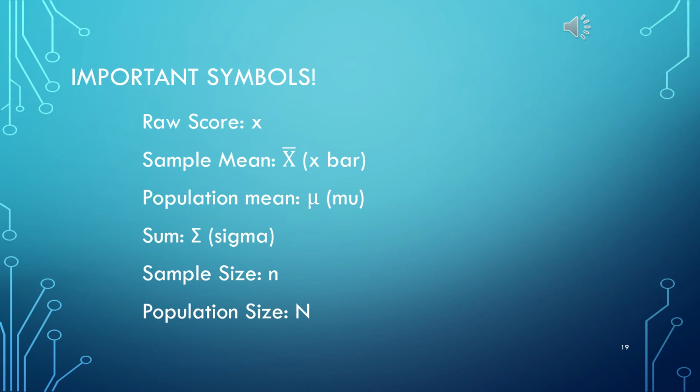So we'll talk more about that. But sum is represented by what looks like kind of a capital E maybe. It's called sigma, and that means if you have that symbol in front of a bunch of numbers, you add all those numbers together. Sample size is represented by lowercase n, whereas population size is represented by uppercase capital N.